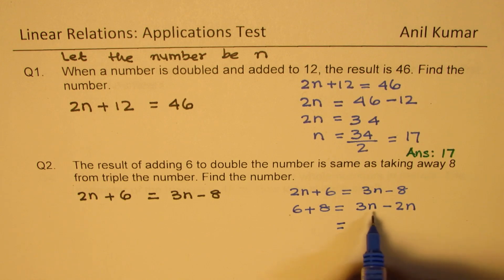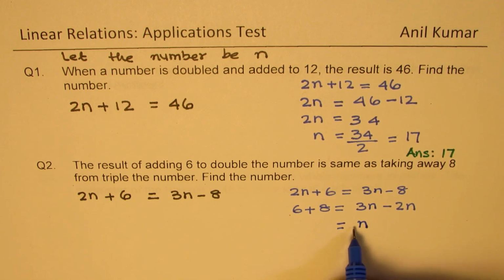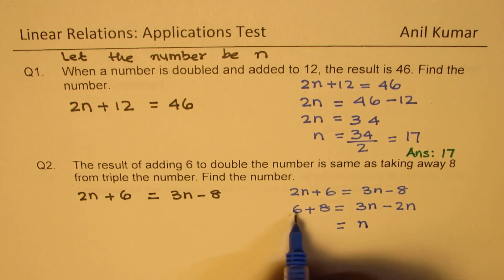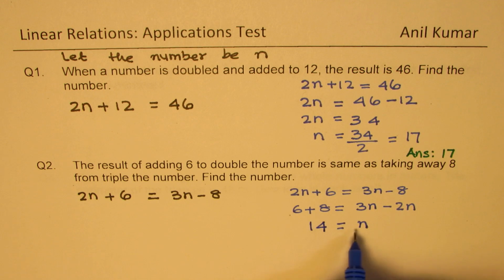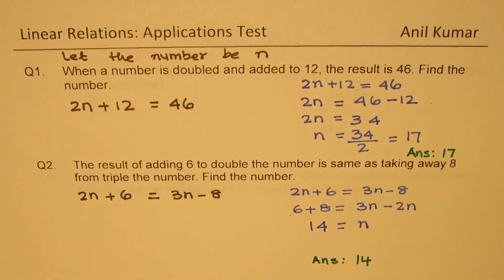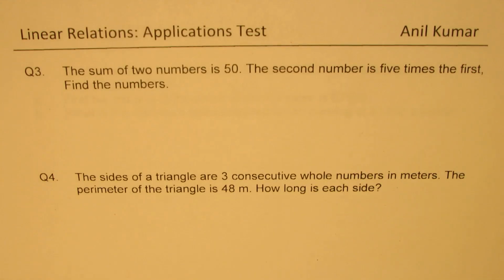So 3 minus 2 is 1, so we get just n. You should not be writing 1 here. And 6 plus 8 is 14. So n is 14, correct? Our answer in this case is, the number is 14. Is that clear to you? That is how we are going to answer the 15 questions one by one.